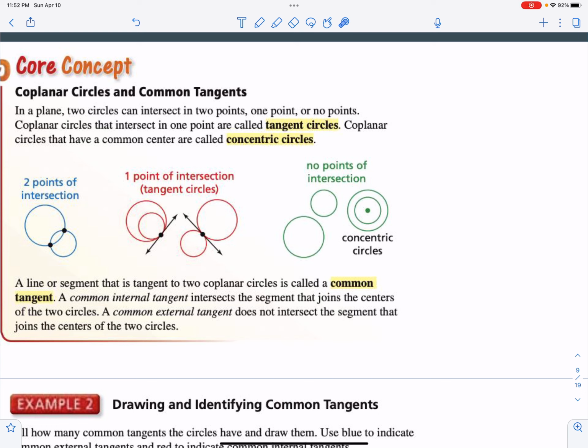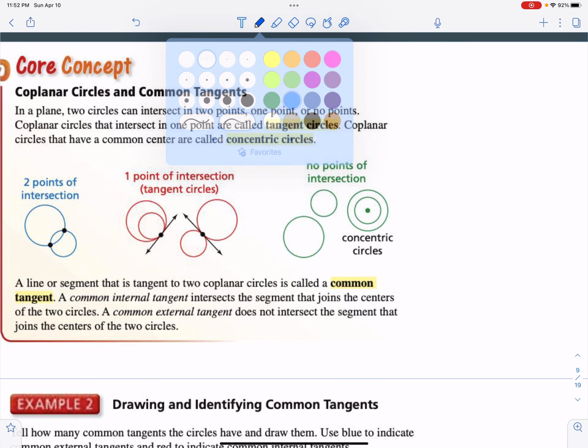Tangent circles we'll see a little bit more, where they touch at one point, because it gives us some useful properties. And then over here we have these two circles that intersect at two different points where they overlap like that. So those are our three options: 2 points, 1 point, or no points of intersection. Now, what they ask for in this part is common tangents. In other words, how many tangents could I draw to intersect these?